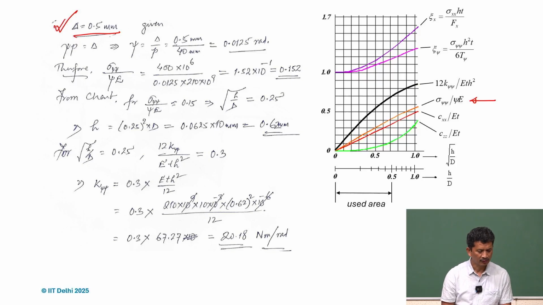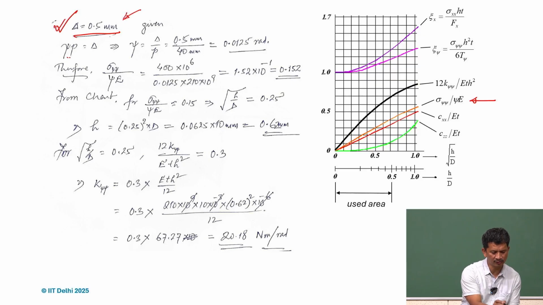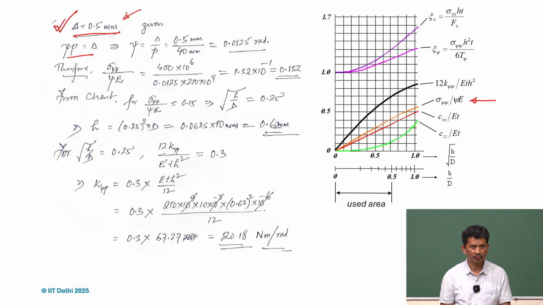For that, what is psi, the rotational deflection of the hinge? From this excursion we can use the formula p psi equals delta, so psi is delta over p.